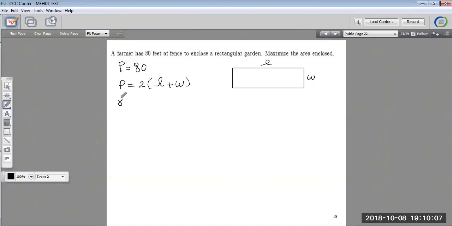So we know P is equal to 80. If I put in this formula, then I can reduce this, divide both sides by 2. Then I would get 40 is equal to length plus width. If I solve for length in terms of the width, length would be 40 minus W.